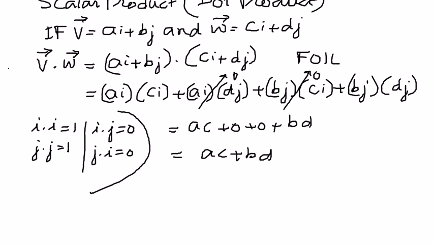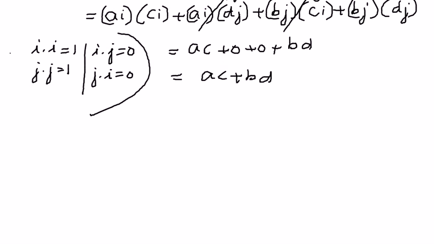Okay. One other property of vector operations is we can also find the measure of the angle between these two vectors.